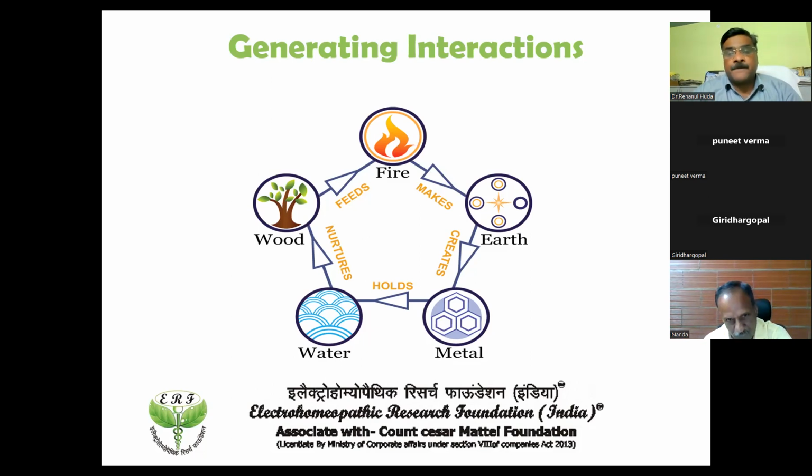These are the five elements, and the element which feeds, we call the mother element. So we can say wood is the mother of fire, and fire is the mother of earth, and earth is the mother of metal, and metal is the mother of water, and water is the mother of wood.